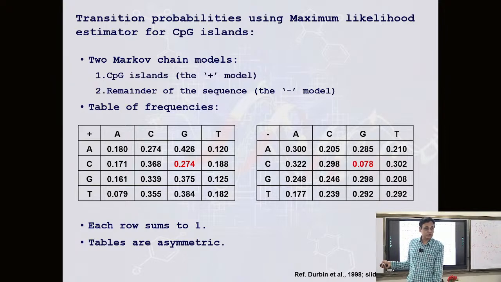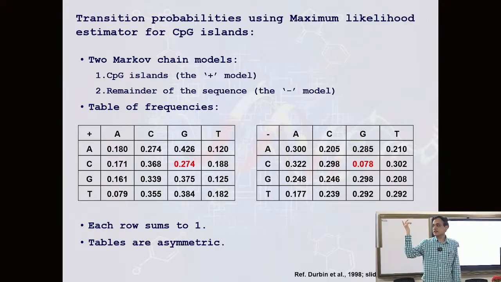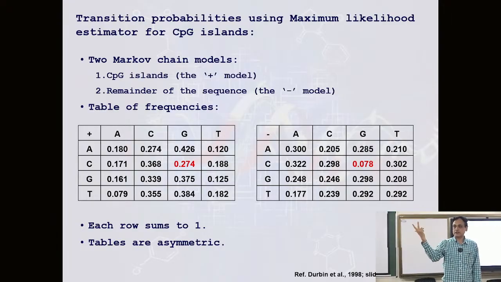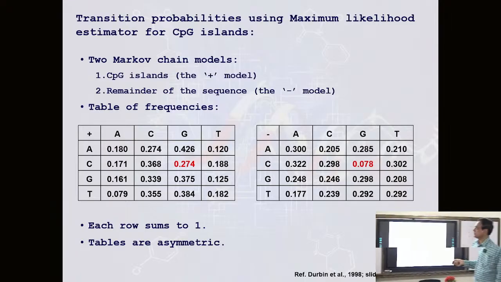So, all these should sum to 1, because given A you have only 4 possibilities, right? Tossing a coin, you have only 2 possibilities, head or tail, add them up, the probability will be 1. Same thing here. So, the row should sum to 1.